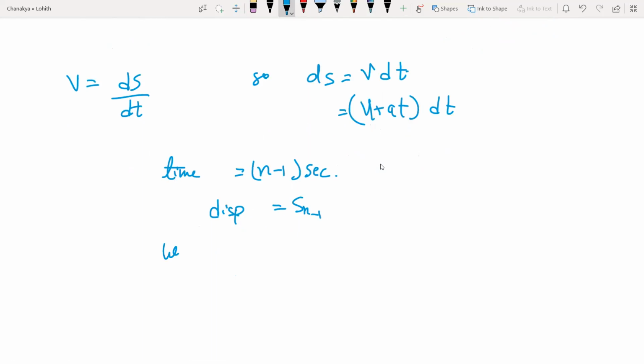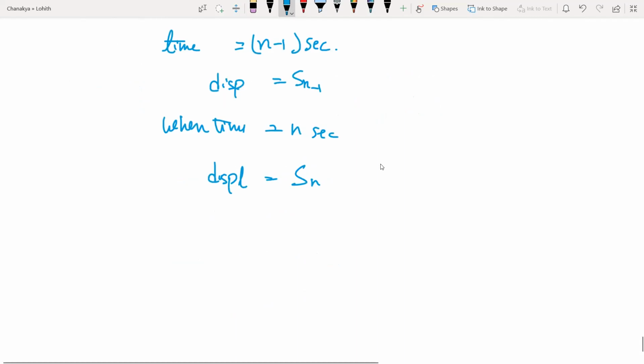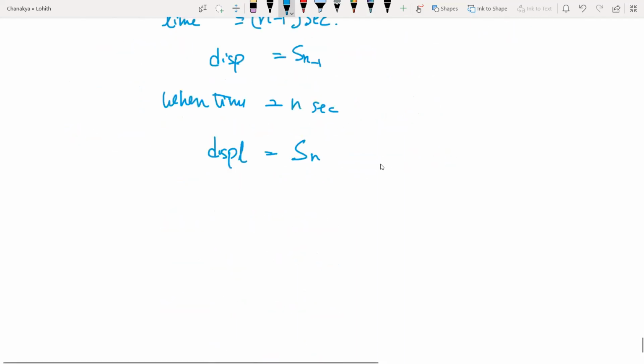So when time is n seconds, then displacement will be Sn. If we integrate the previous equation and substitute Sn, that's it. Done.